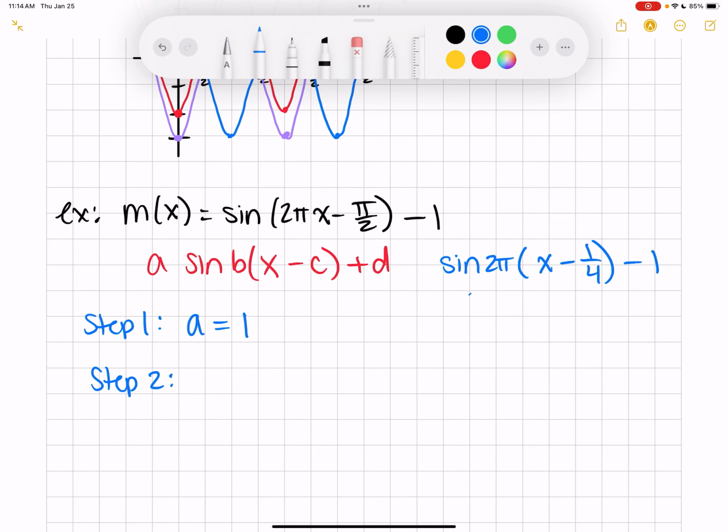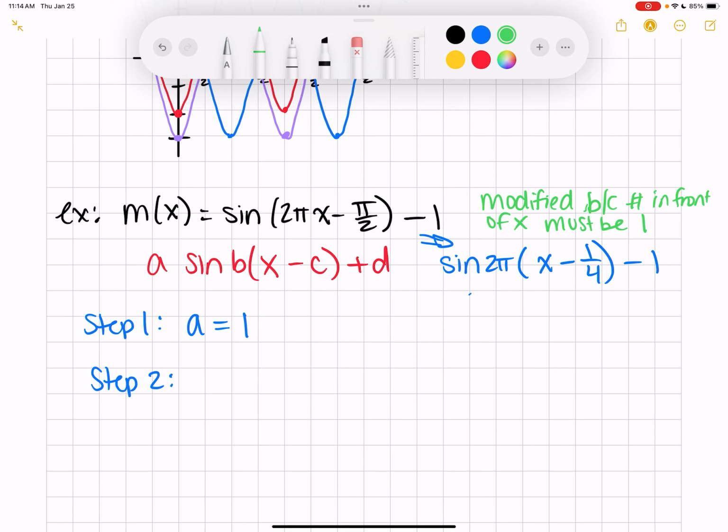Then minus 1. And so now this modified one is what we're going to use when we're doing our shifts and everything. I'm just going to make a note so if Virginia goes back and looks. Modified because number in front of x must be 1.